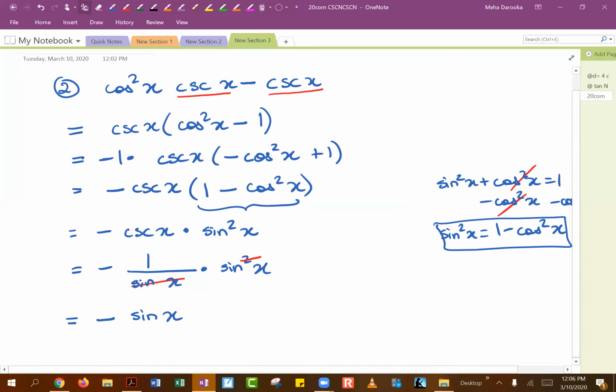Because again, remember what I said, the idea is if you go back and reverse the process, you should go back to the original problem. So if I take this negative sign and I multiply it inside the parentheses, the negative with the 1 will become -1, right? Negative and negative will become positive. So that's why we're bringing the negative out. And then all I did was just rearrange the 1 and the cosine square. So it looked more like this.